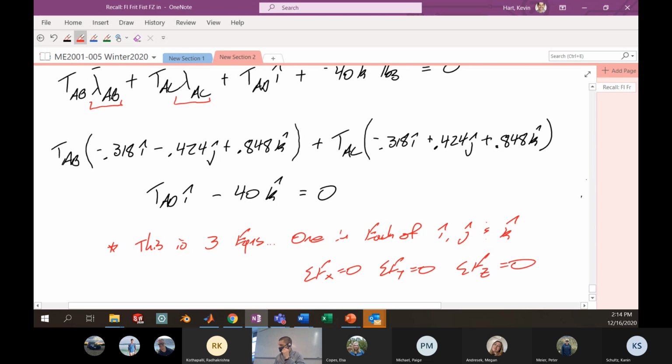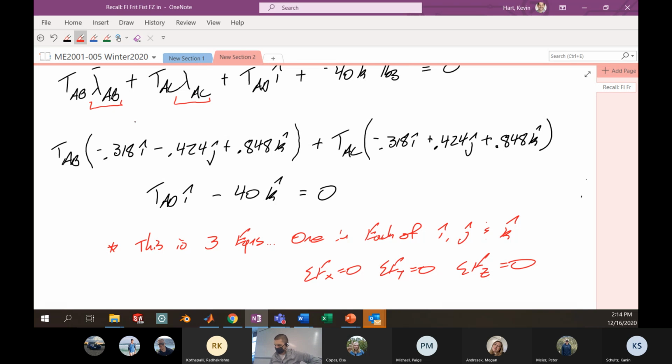Those are our three equations that we're seeing here. One in i, one in j, one in k. They're in three mutually perpendicular directions, so three independent equations, one in each direction. All right, so let's go ahead and start pulling these things out. You can do it in any order, x first, y first, or z first.